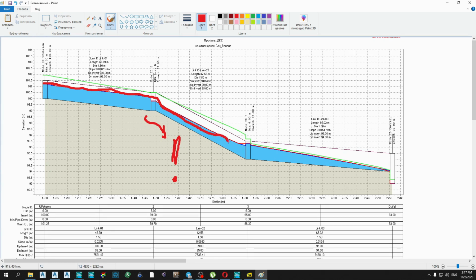It has a very high velocity, supercritical flow, and at the next point here we have very big velocity, the kinetic energy, and it will become a hydraulic jump.